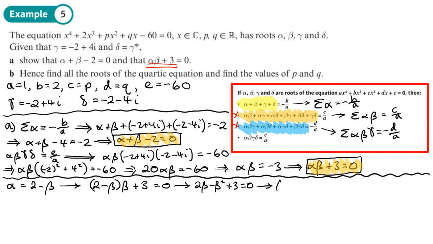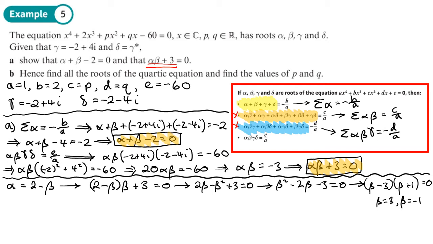Times everything by -1, so I get beta squared minus 2 beta minus 3 equals 0. Now that factorizes, hopefully, so I can find out what beta is. So beta, I think it's going to be -3 plus 1. That seems to work. So that's beta equals 3, beta equals -1.